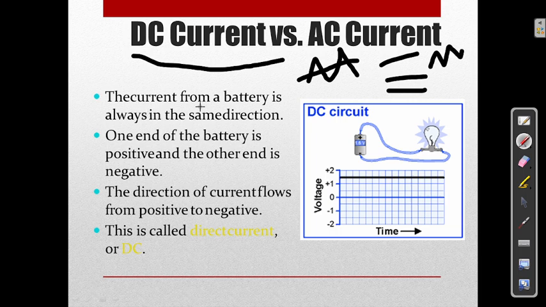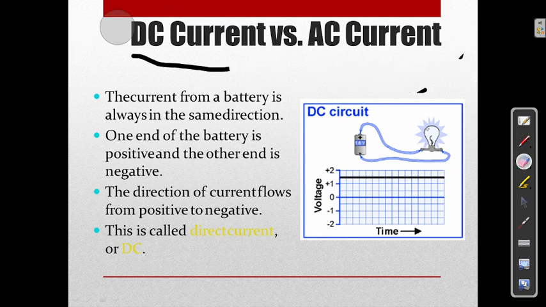So the current from a battery is always in the same direction, and one end of the battery is positive and the other end is negative. If you look at this battery, you can see the positive and negative symbols.